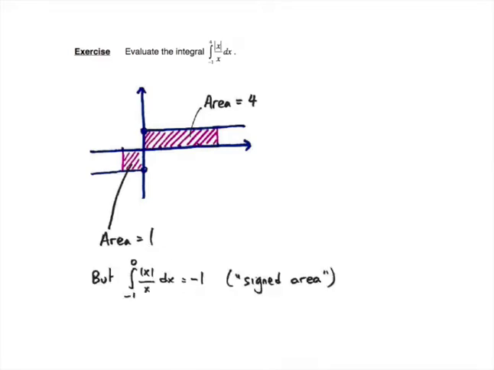Here the area is 1, but be careful, the integral is -1, so if you write the integral from -1 to 0 of |x|/x dx, you have to write equals -1. So what's the integral from -1 to 4? It's -1 plus 4. Answer 3.